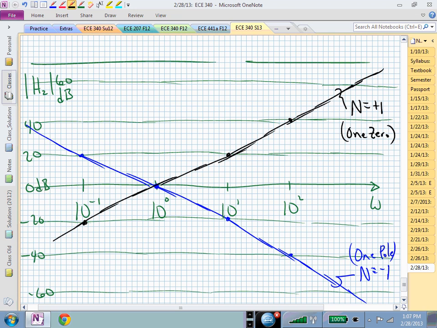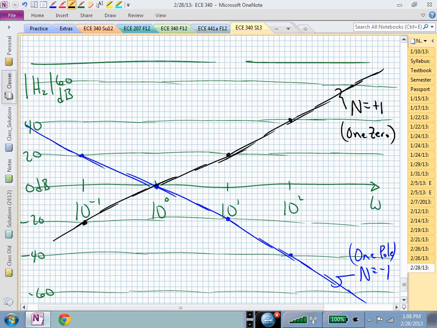That was a change of 14 dB, wasn't it? That means that if we had 5 over s, instead of this blue curve representing our true Bode plot magnitude response, now every point here would have to be vertically raised 14 dB, which means instead of it crossing 0 dB at 1, it's actually crossing 14 dB, the whole thing.